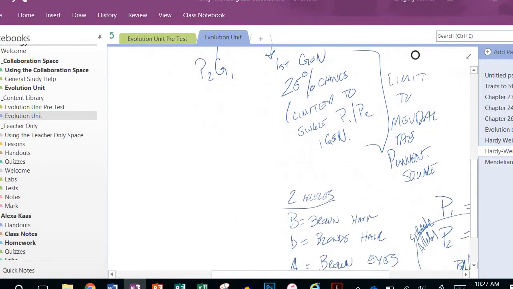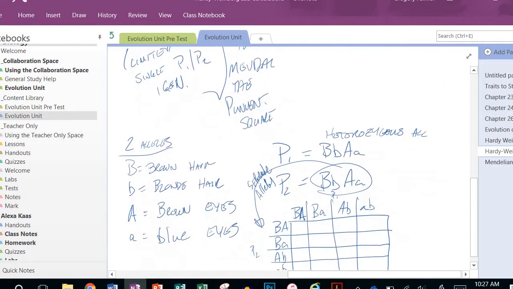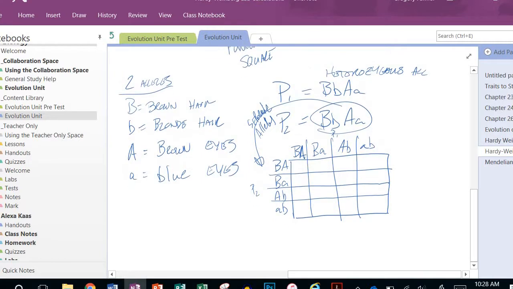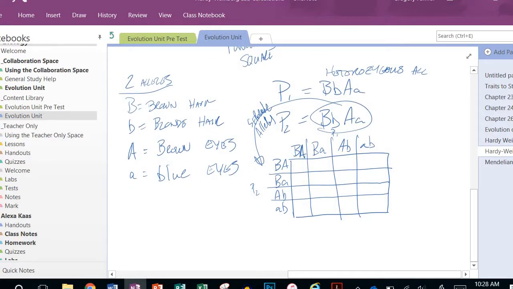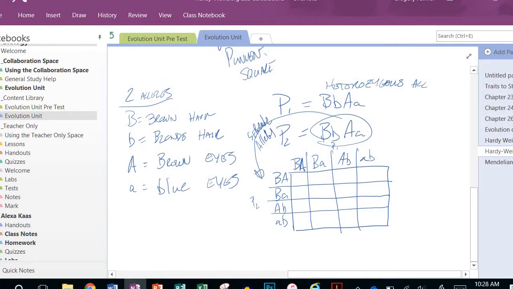All right, so we also talked about this idea that not all things pass genetically with just one single allele, that some things in the DNA are passed on multiple alleles, or at least you have alleles that are sometimes paired together.